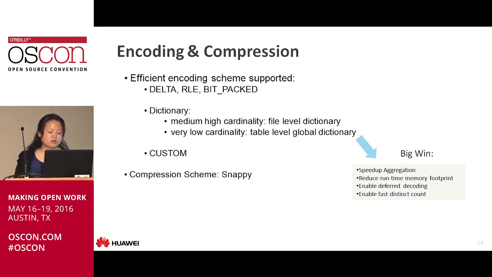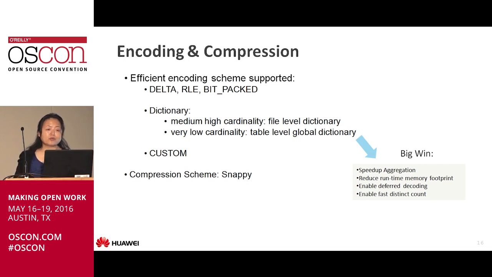With the global dictionary, we also allow fast distinct count by leveraging a bit set, which is an additional optimization we have done for distinct count. So overall, this global dictionary encoding enables us to save I/O costs as well as CPU costs. This is a big performance optimization.